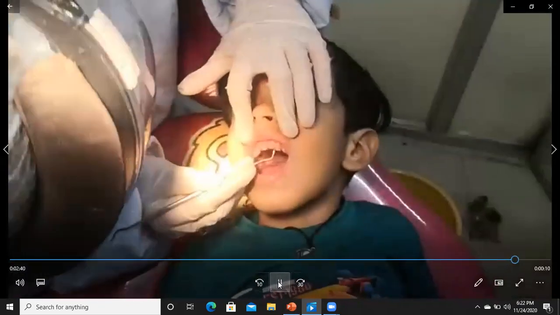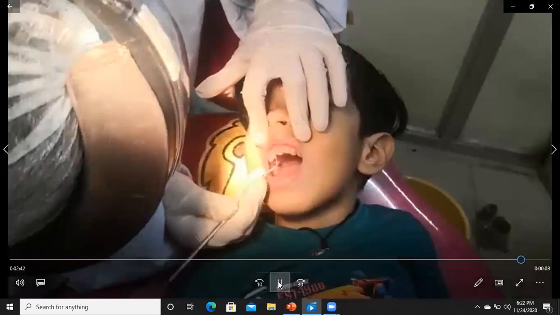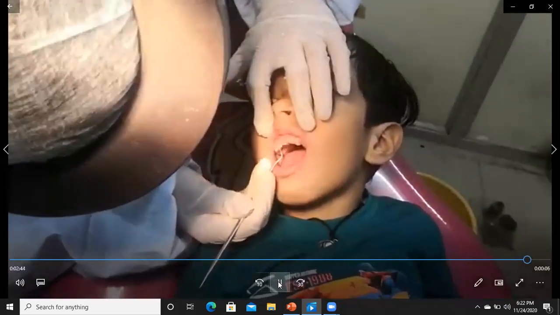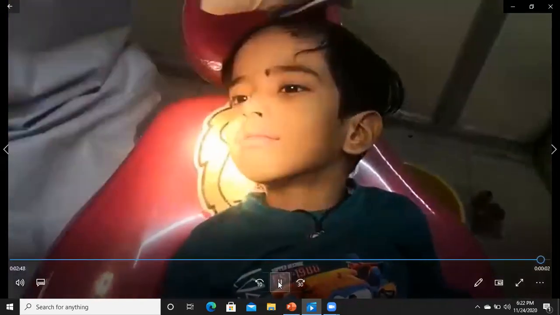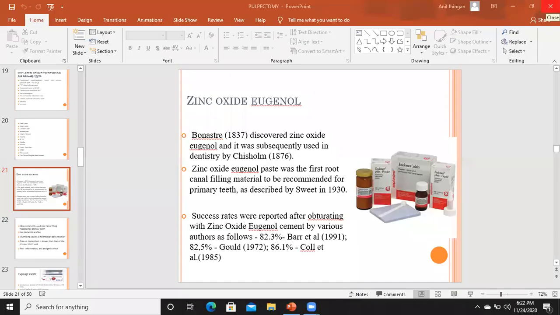The filling should be done properly so that the margins are approximated, so that when the filling is set, there are no irregular areas from where the microorganisms can enter into the tooth surface, into the pulp canal.